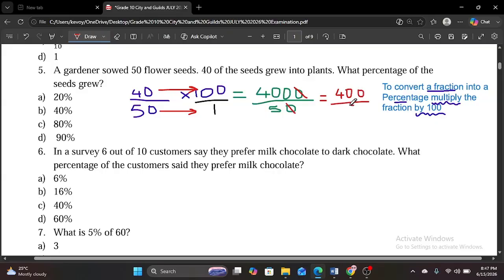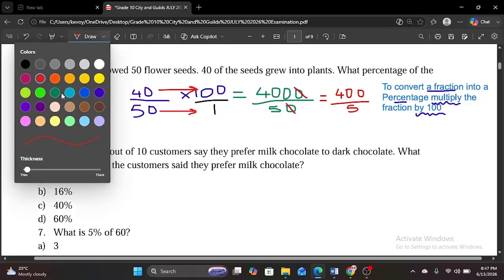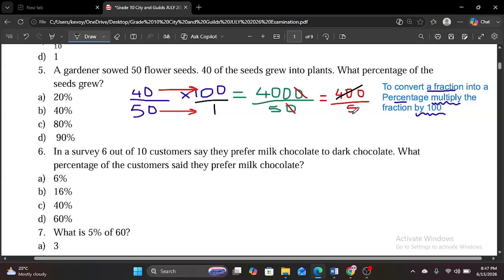So 5 divided by 40, that's gonna be 8. So we'll be left with just 8 and a 0. So that means that my percentage is gonna be 80.